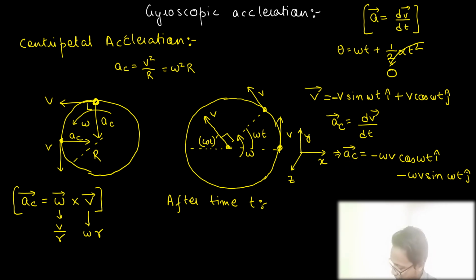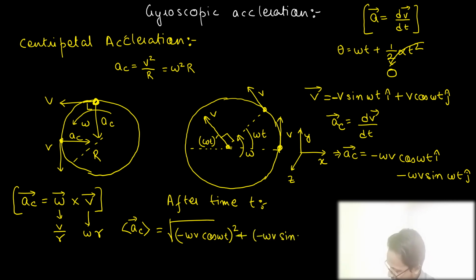See, even if you find the magnitude of centripetal acceleration, what happens? How do I find out the magnitude? It's the square root of x square plus y square, because the x component of acceleration is this one and the y component of acceleration is this one. So minus omega v cos omega t whole square plus minus omega v sin omega t whole square.